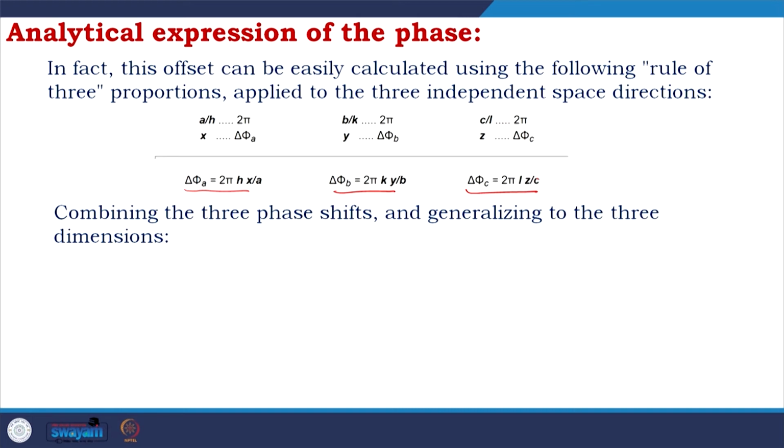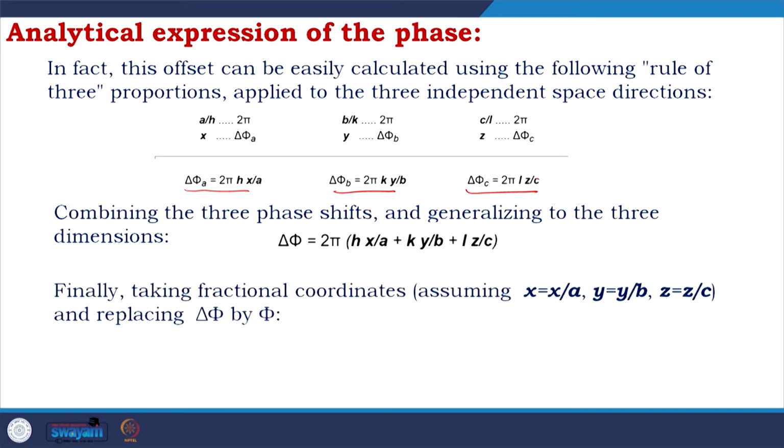Now, if you combine those 3 phase shifts in 3 different axes and generalize to the 3 dimensions, you will get delta phi equal to 2 pi (hx/a + ky/b + lz/c).